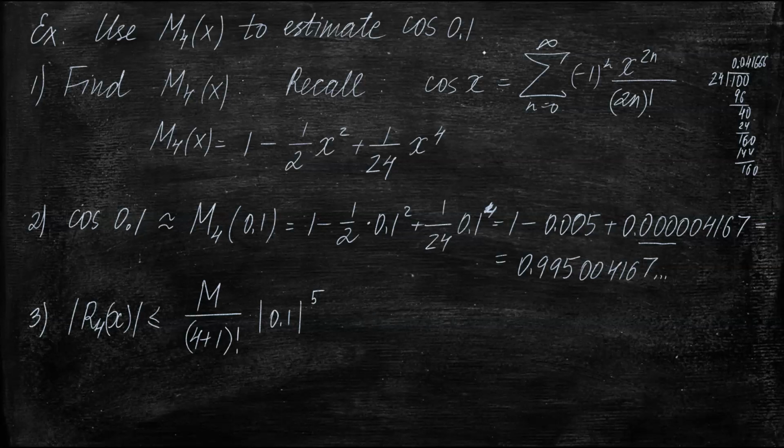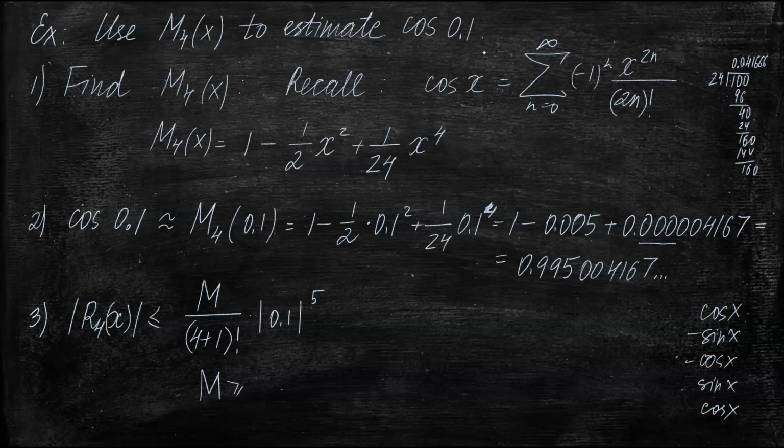M is the upper bound of the fifth derivative of this function. So if we take this function, which is cosine, and we take its derivative, cosine of x becomes negative sine of x, then it becomes negative cosine of x, and then it becomes sine of x again, then it's cosine of x.